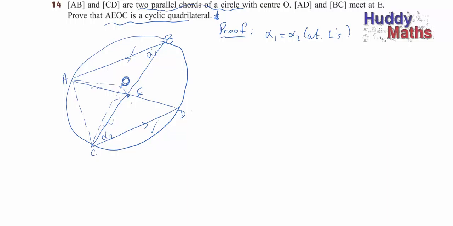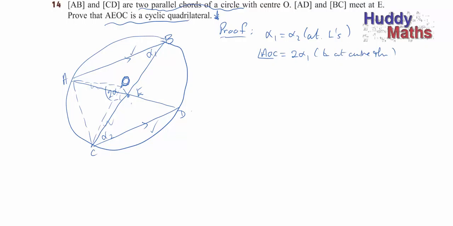So the next indication is the given information says we've got O in the triangle, and therefore we'll use that. So angle AOC is the angle at the centre, is twice alpha 1, the angle at the centre theorem. Okay, so we'll put that in. That's 2 alpha in there.